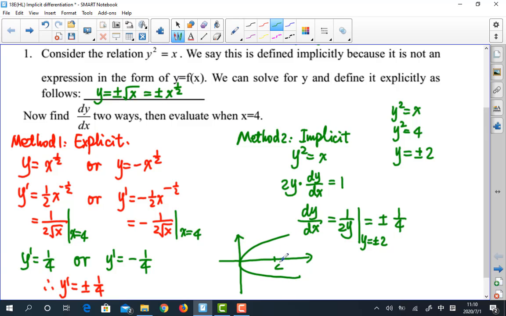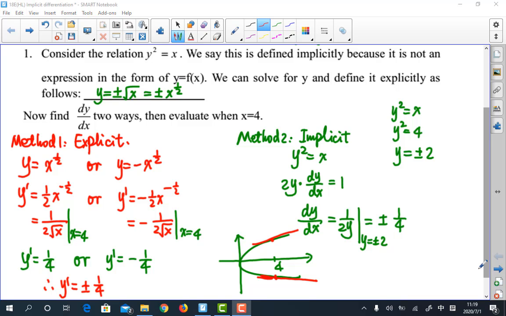When x equals 4, you really can graph 2 tangents. One tangent is here, the other tangent is here. So one tangent has the positive slope 1/4, and this tangent to the curve at x equals 4 has negative slope, negative 1/4.